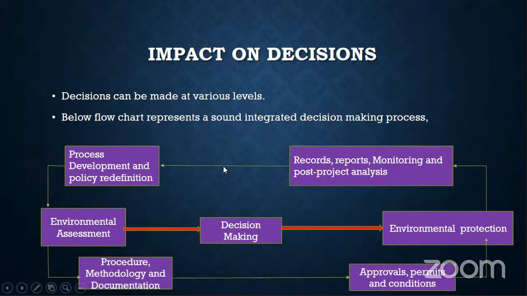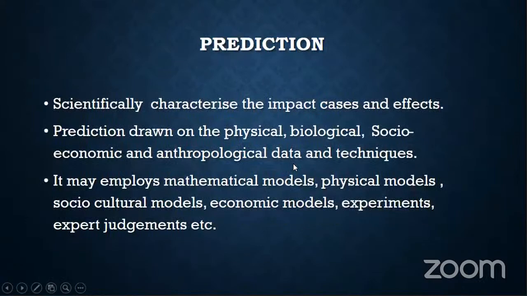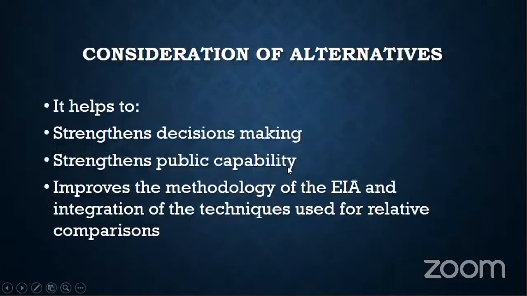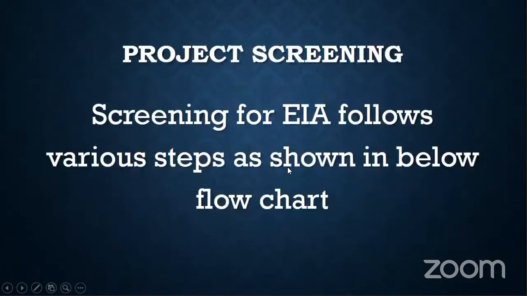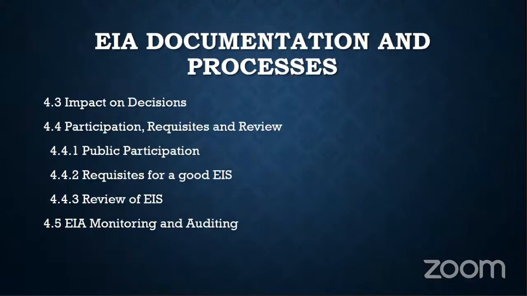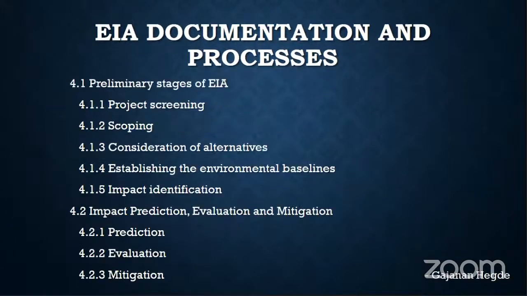So next is the impact on decision. This is the next section, where we need to discuss decision making. You can see the sections here. Okay, so we have finished the preliminary stages of EIA: impact prediction, evaluation, and mitigation.